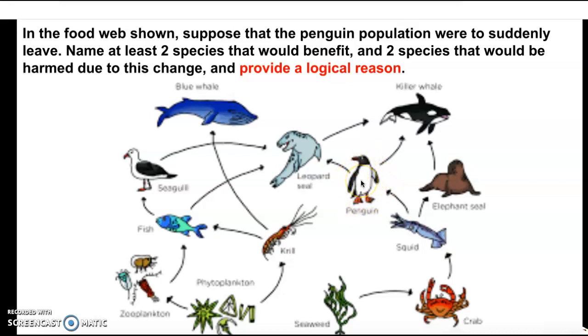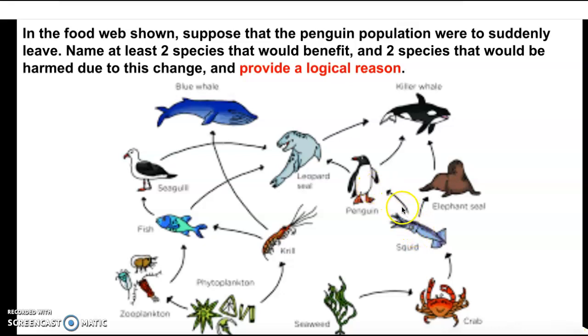If for some reason they all decide to leave this ecosystem, we have to predict 2 species that might benefit because of that, and 2 species that might be harmed. I'm going to start simple with things close to the penguin on the food chain. So I'll start with the squid here. I see an arrow from the squid to the penguin.